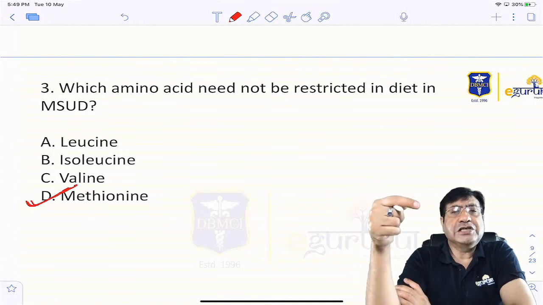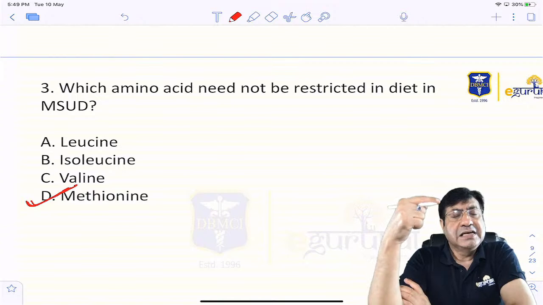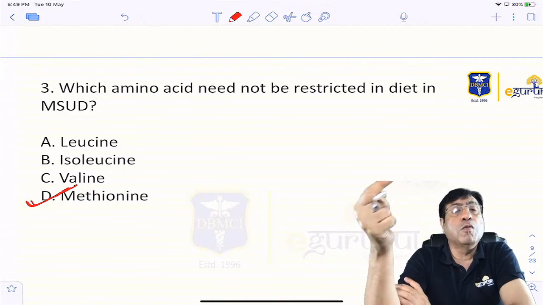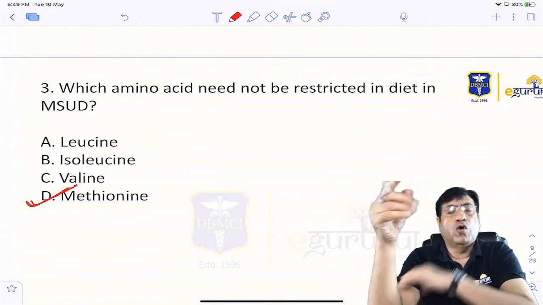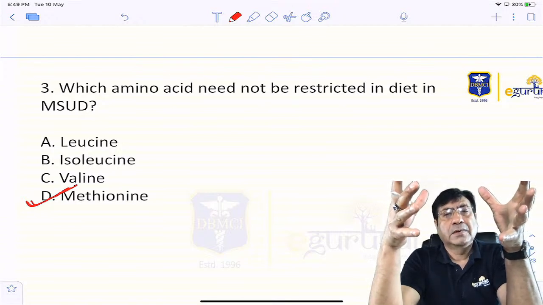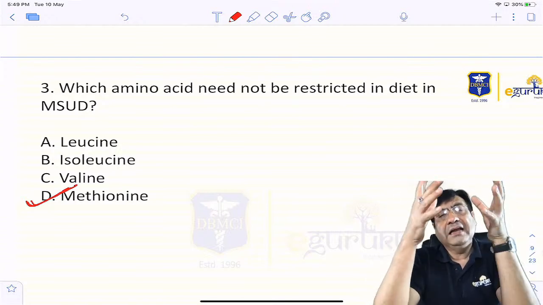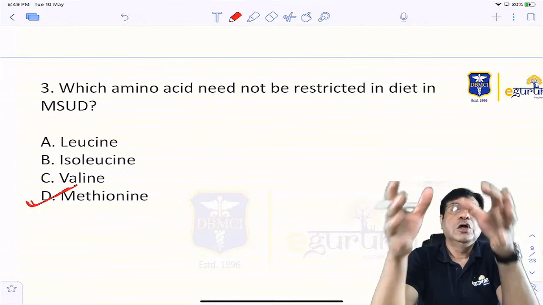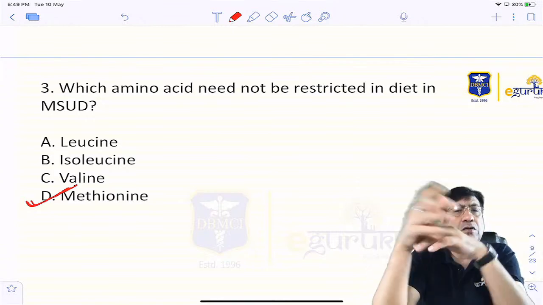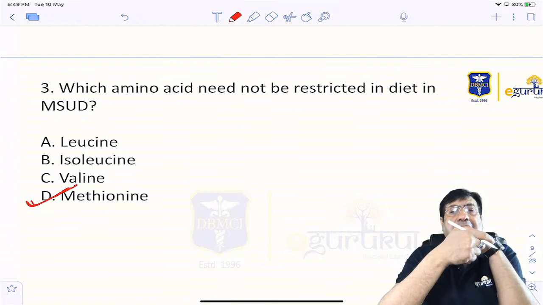So when there is deficiency of cystathionine beta synthase, cystathionine is not forming from homocysteine. So homocysteine is accumulating, and this homocysteine can convert into methionine also. So not only homocysteine but methionine also accumulates in the blood and in the urine.